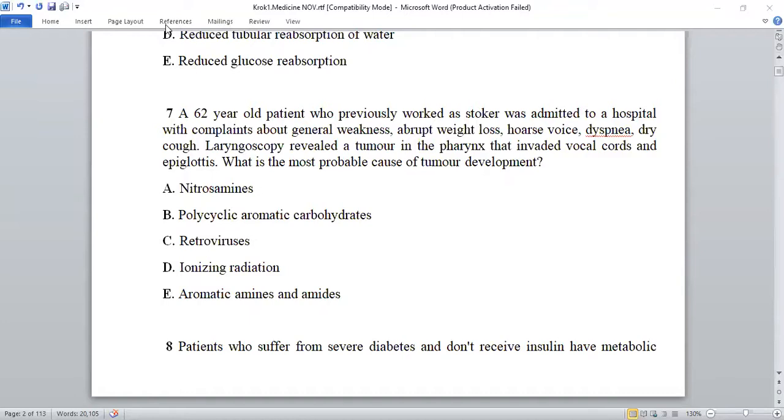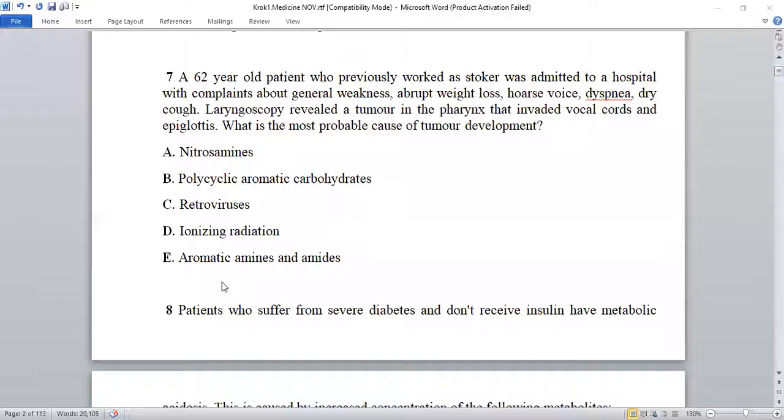So they're asking what could have been the cause. They said that the patient was a stoker.